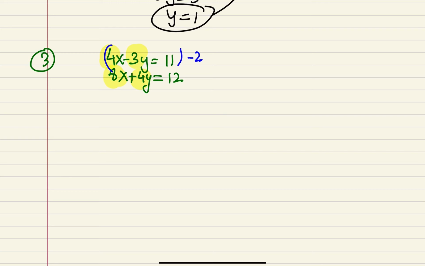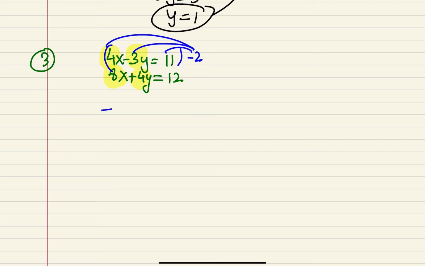And the benefit of doing that is I will have a new equation where one of the variables, x, will have same but opposite coefficients, the same absolute value of the coefficients.